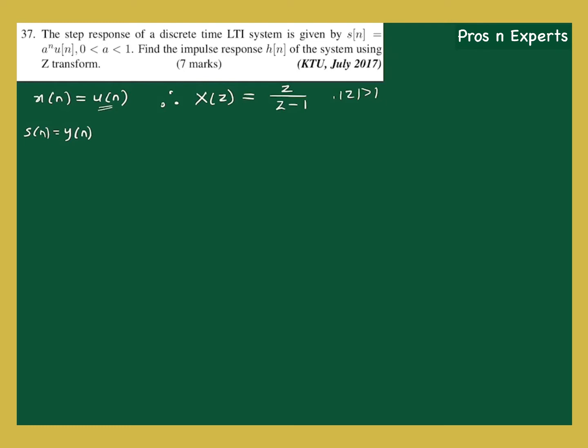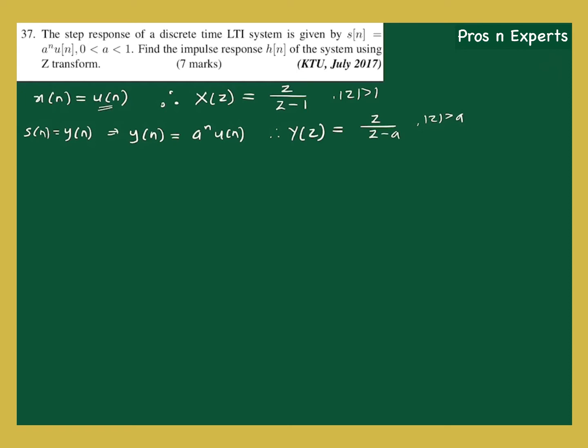So y of n is given as a raised to n u of n. So immediately you can write the Z transform of y of n, y of z, which is equal to z by z minus a for mod z greater than a, and a is a value less than 1.